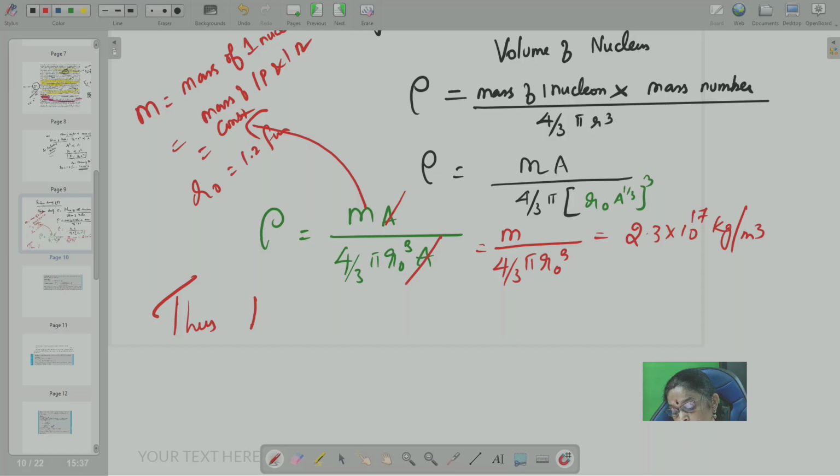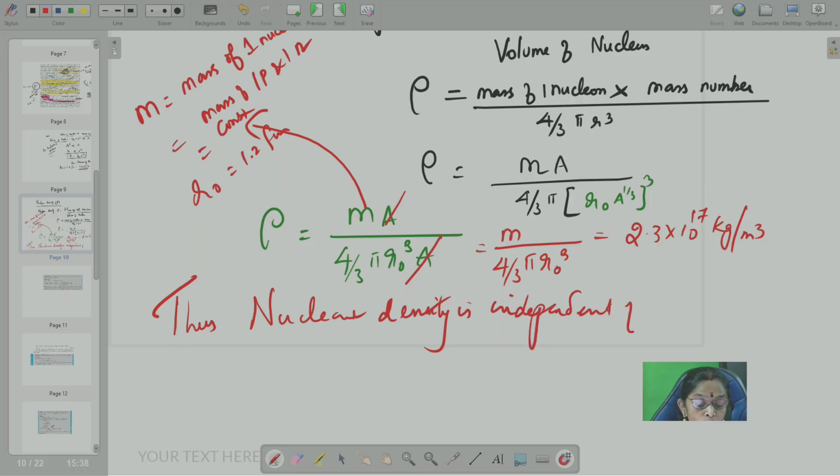So whether it is a small nucleus or a bigger nucleus, for example copper atom or hydrogen atom, what is the nuclear density for copper and for hydrogen? Both the same. Density remains the same.